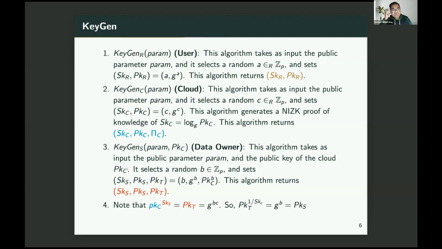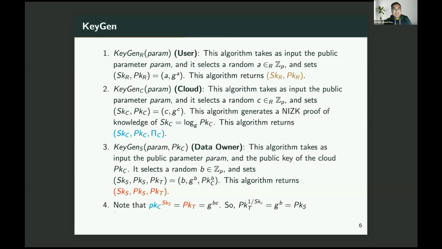And if you take a closer look at these constructs, you will see that this secret key is nothing but a random number, small b, and the public key PKS is g^b. So the main power of the security is coming from the Diffie-Hellman property of the group, where if I give you g^b and g is known to you, you cannot find out the log of that element, which is b.